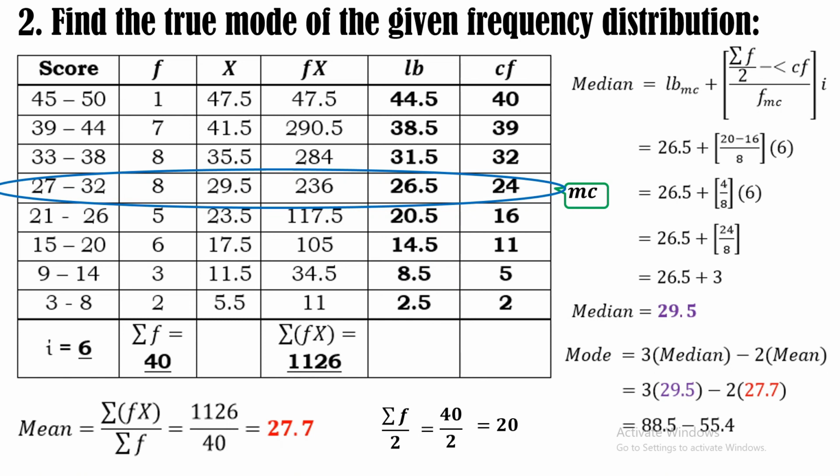Simplifying, we now have 88.5 minus 55.4. 88.5 minus 55.4 is 33.1. So the true mode of the given frequency distribution is 33.1.